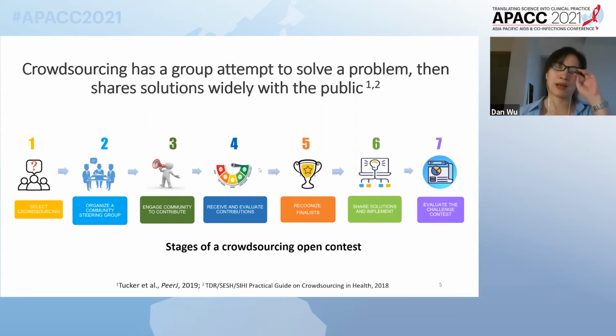This has been published in a WHO practical guide, and you can Google that. Basically, we have seven stages of organizing a crowdsourcing contest. First, you find a problem and decide whether crowdsourcing is an appropriate approach to answer that question. Then you organize a community steering committee group to set up rules and spearhead the whole contest.